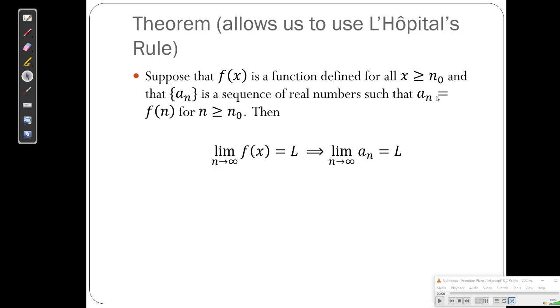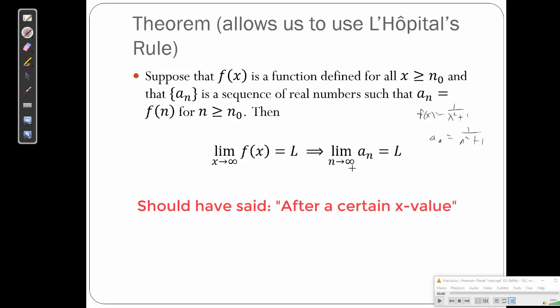So basically the formula for a sub n is the same as the formula for f. I might have my function equal 1 over x squared plus 1, and then my sequence might be basically the same formula, 1 over n squared plus 1. This is actually always equal for all of the integers, but you might define some function that only matches up to this formula after a certain index. I mean, it wouldn't be too hard to do.